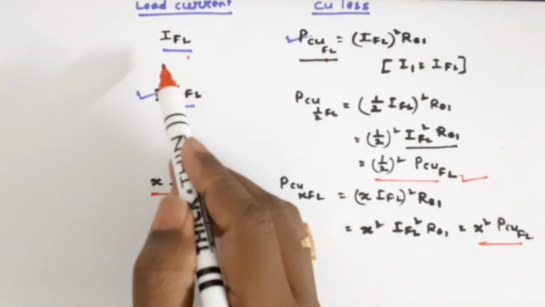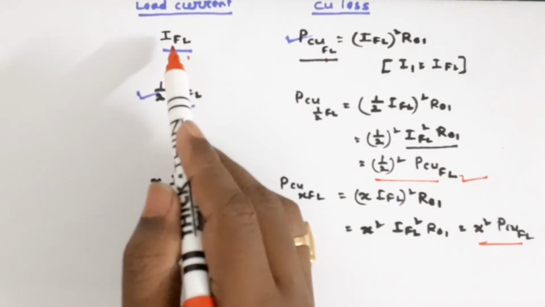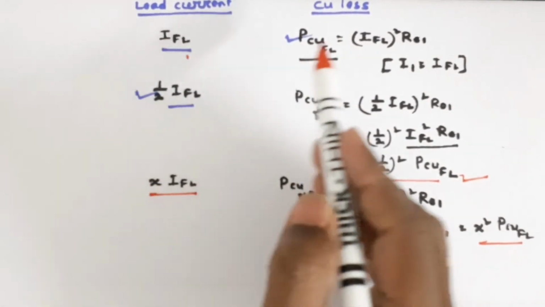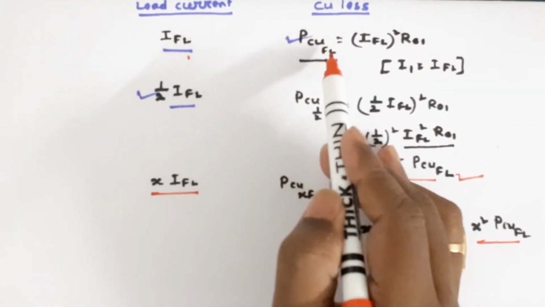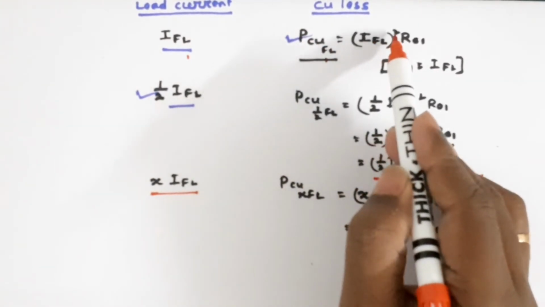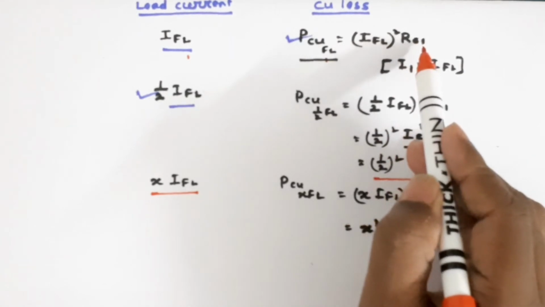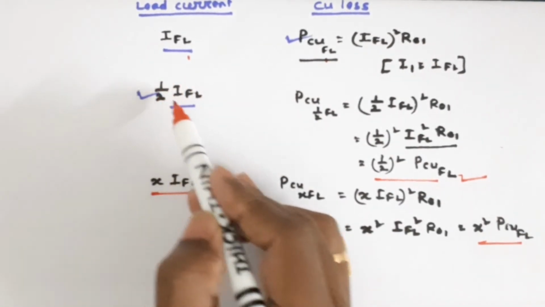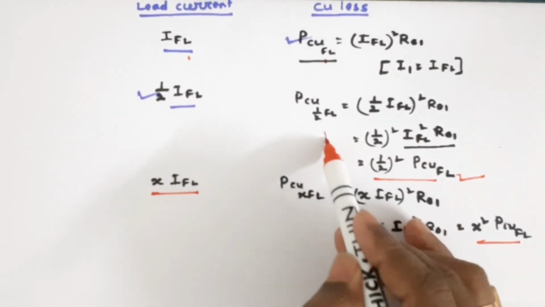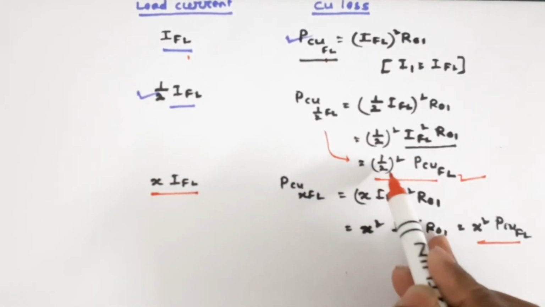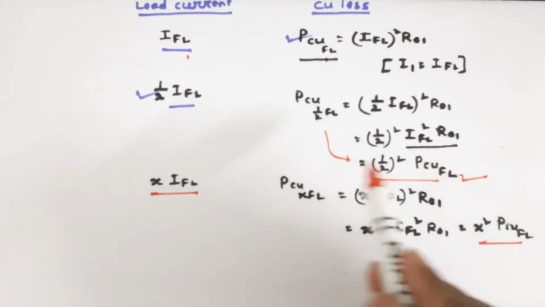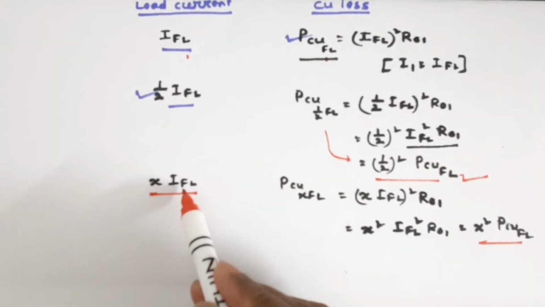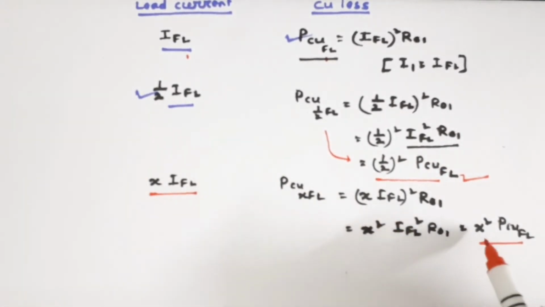When the current is the full load current I of FL, the full load copper loss is I of FL square into R01. When the current is half of full load, the copper loss will be half square into the full load copper loss. When the current is X of full load, the copper loss will be X square into the full load copper loss.